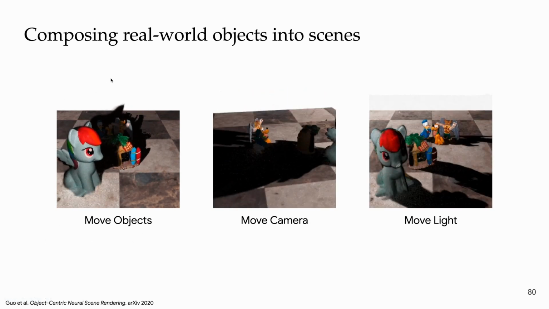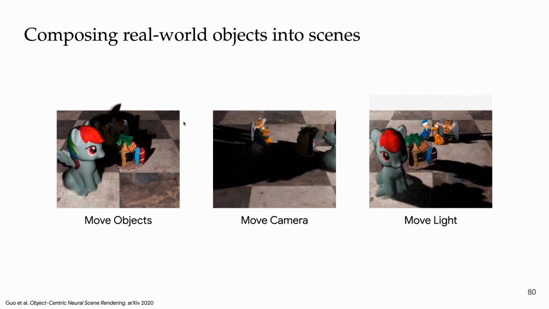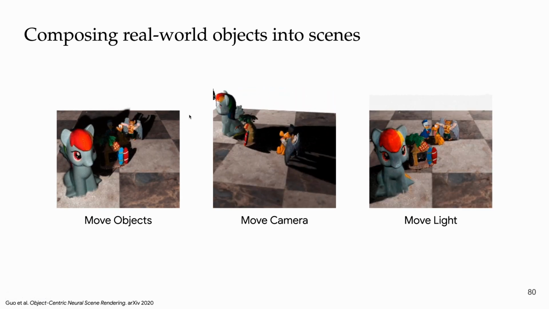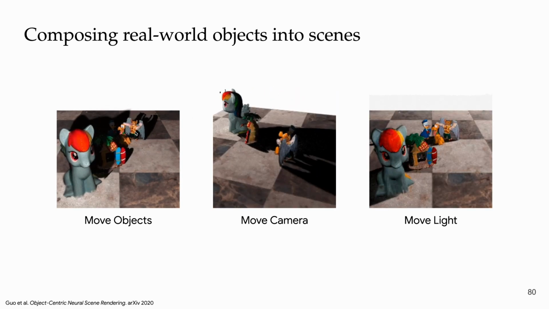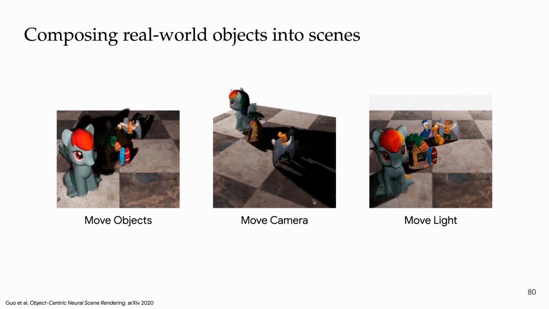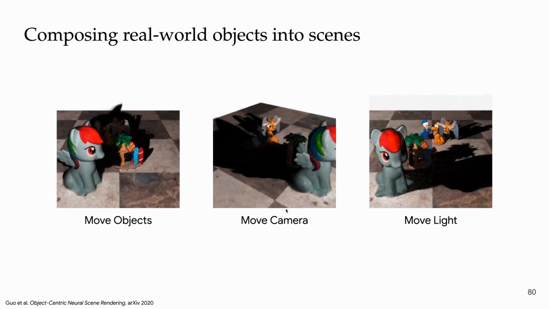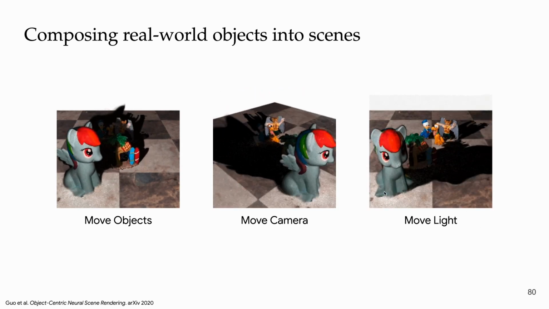So here we have the effect of moving objects. You can see that as the objects are moving around, the shadows are able to cast on each other from the pony onto the other two objects accurately. In the middle is what it looks like if you move the camera around, and then finally this last video is what it looks like when you move the light.